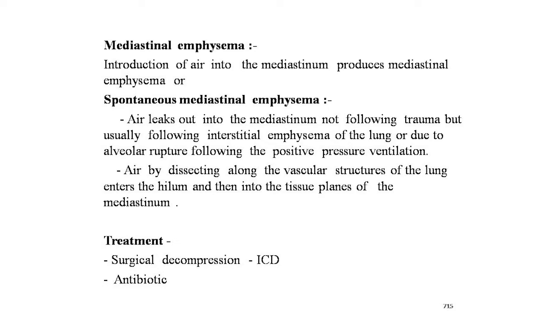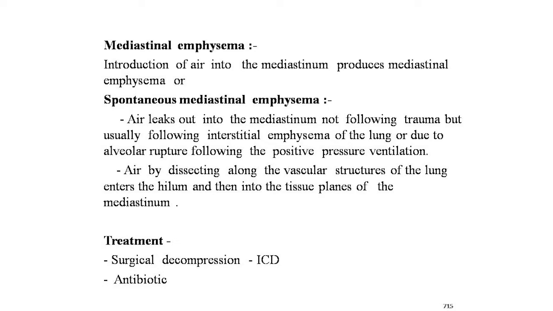Now, spontaneous mediastinal emphysema, in which the air leaks out into the mediastinum, is not following trauma but usually following interstitial emphysema of the lung or alveolar rupture following positive pressure ventilation. Air, dissecting along the vascular structures of the lung, enters the hilum and then the tissue planes of the mediastinum. Now, the clinical features: symptoms are pain and crepitus in the suprasternal notch and in the neck.